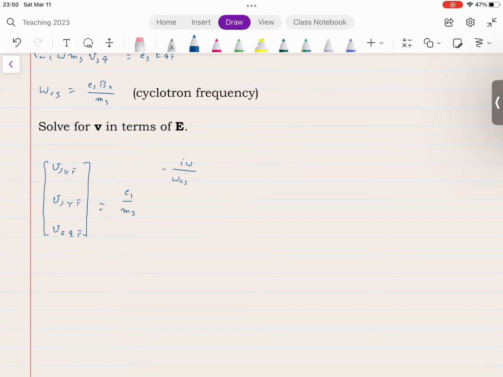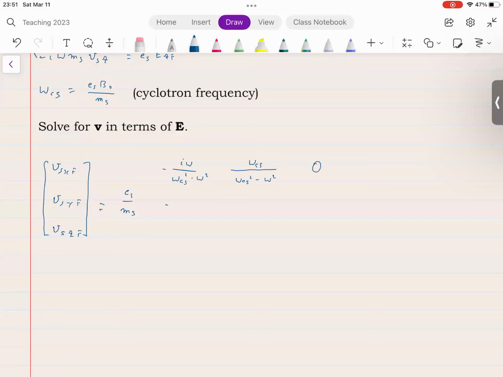The cyclotron frequency square minus omega square. And here I have the same thing, but with omega cyclotron for the species, over the same denominator. And then a 0 here.